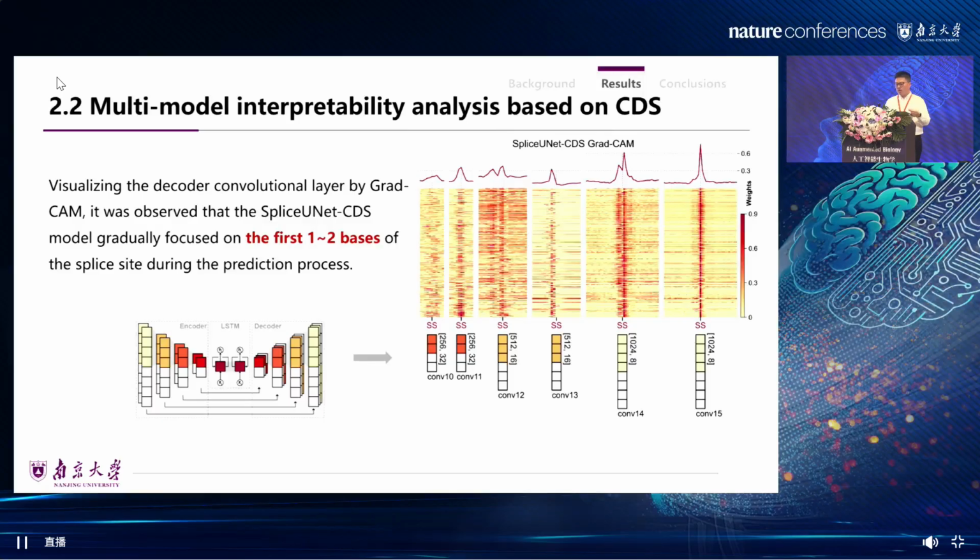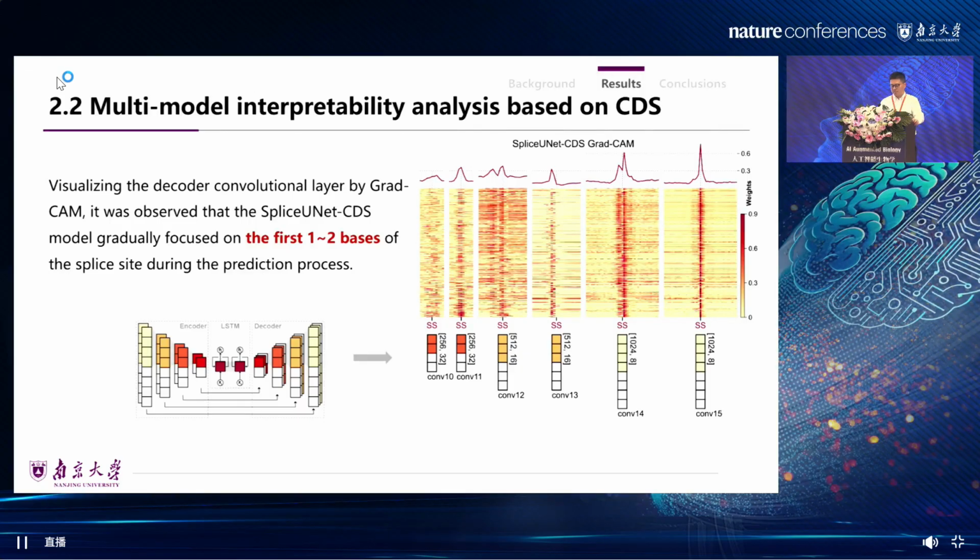And when we visualized the model's decision process, we saw striking patterns. The model's attention progressively sharpened layer by layer until it focused almost on the final one or two nucleotides at the very end of the exon.